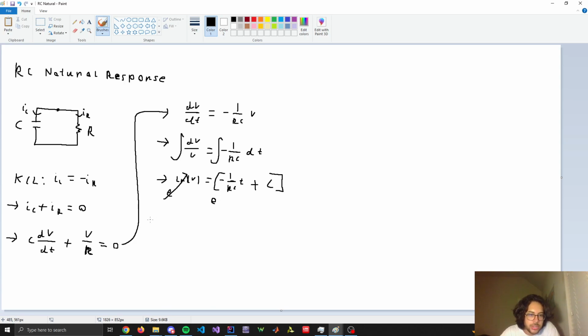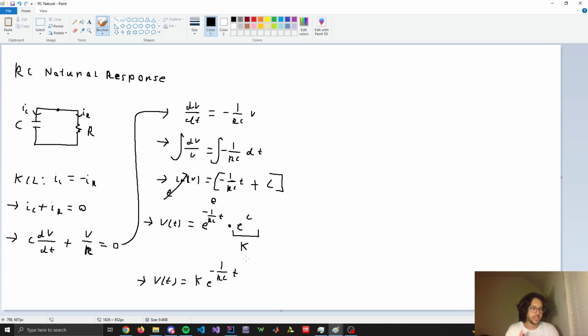So this would go to 1, and we get V as a function of time equals the right hand side, e to the negative 1 over RC times t, and using some exponential properties this would be multiplied by e to the C. But this is just another constant, just another number, I'll call it K. So our solution to the differential equation is V of t equals K times e to the negative 1 over RC t. And K is solved by looking at the initial conditions of the circuit.